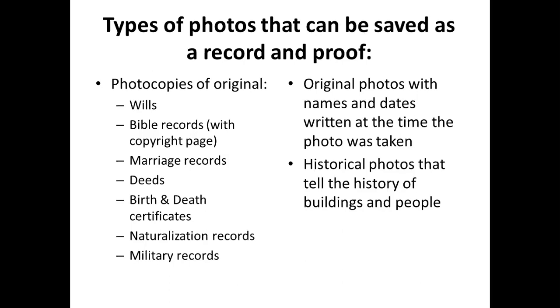So original photos with names and dates written on them when the photo is taken, that photograph is perfectly fine. Historical photos that tell the history of buildings and people and things like that, those are fine. And of course, photos of probate records and things like that.